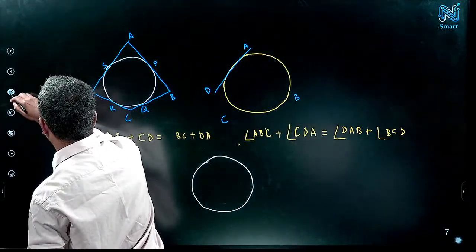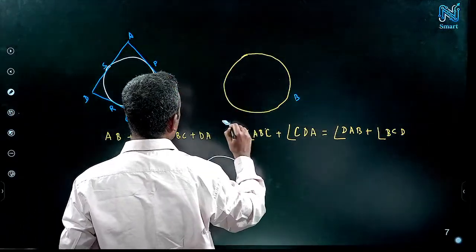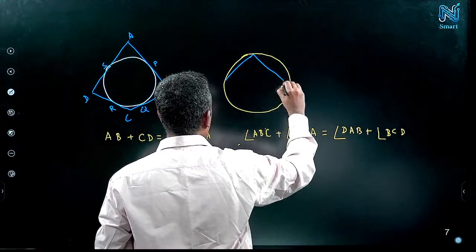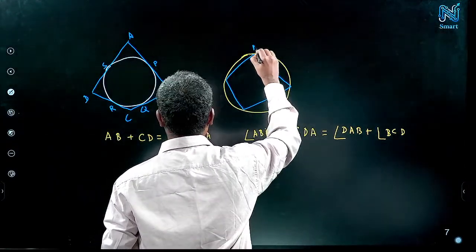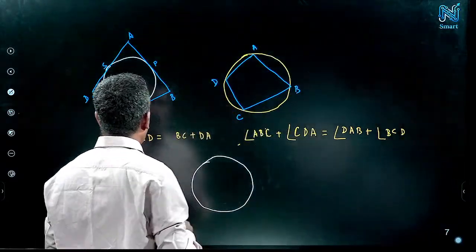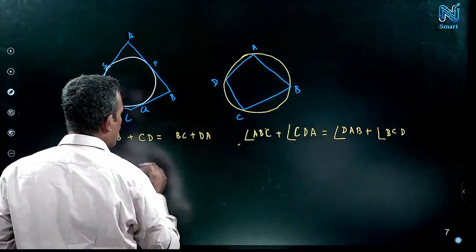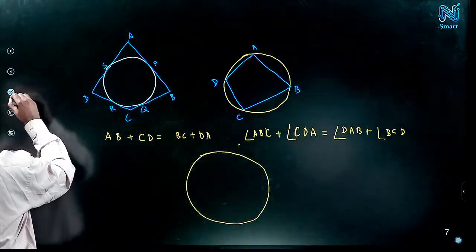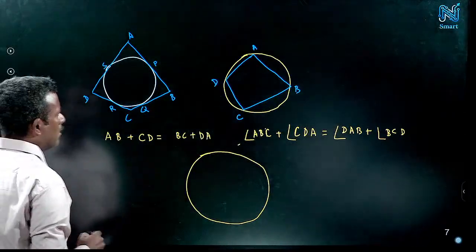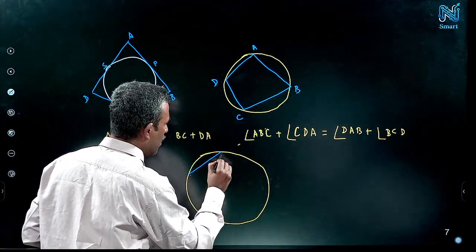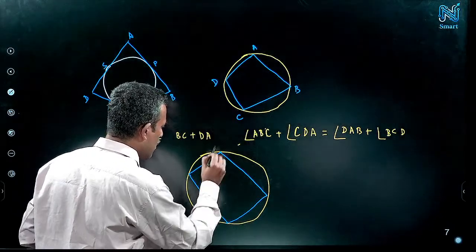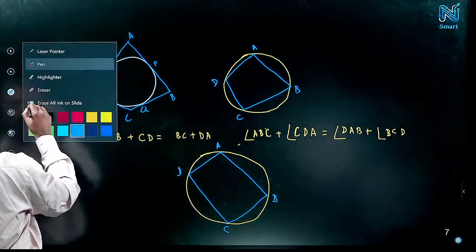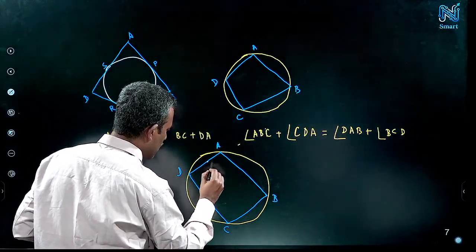Now combine these two figures: the yellow circle, inside that the blue quadrilateral, right, and inside the white circle, this figure. This is slightly tough to draw, right?